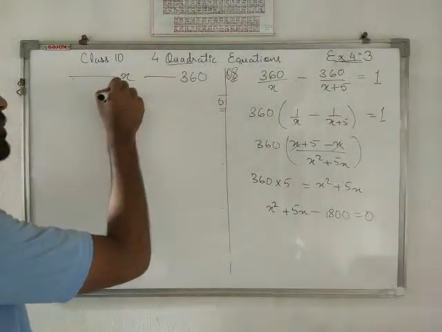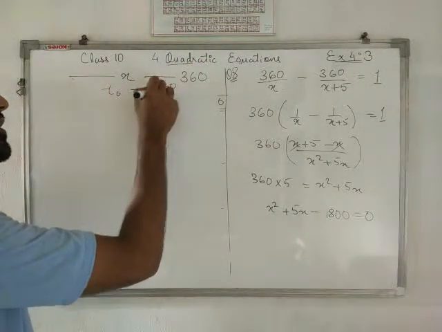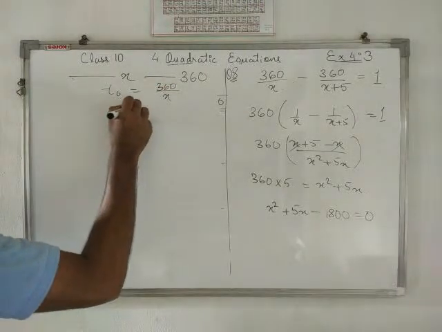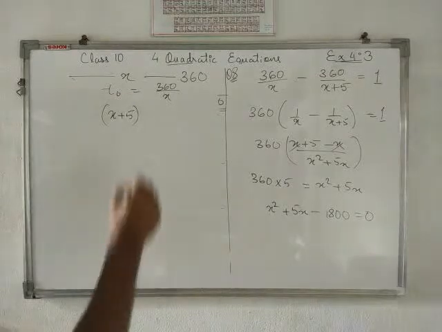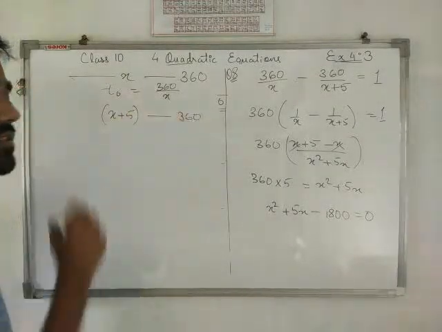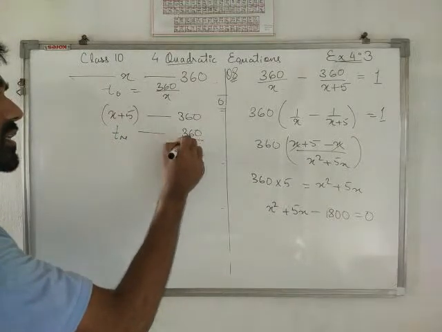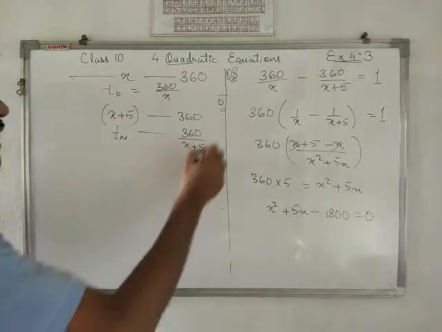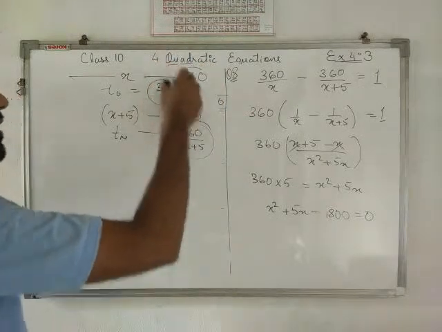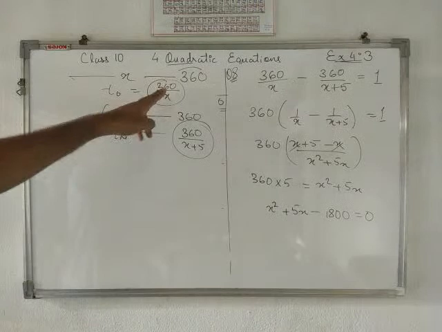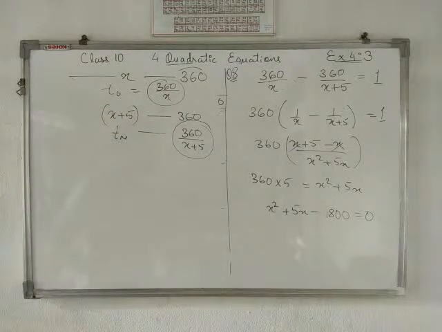That means the time taken will be 360 by x. Now, if the speed had been increased by 5 for the same distance, what will be the new time? The time will be distance by speed again. Now, this is one time and this is another time. Now we just have to check which one is larger.